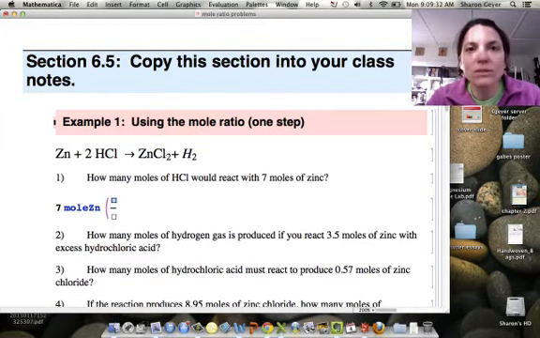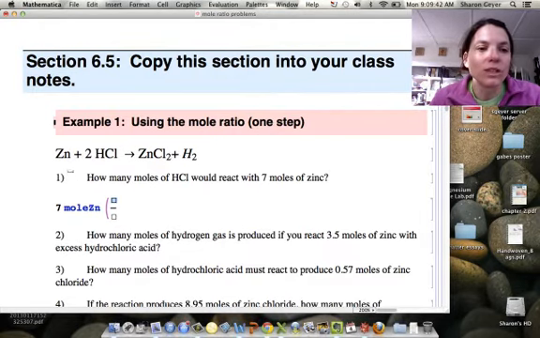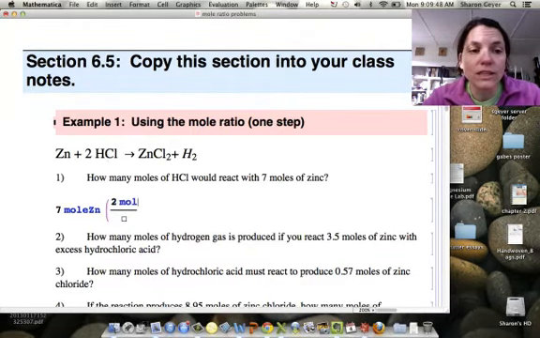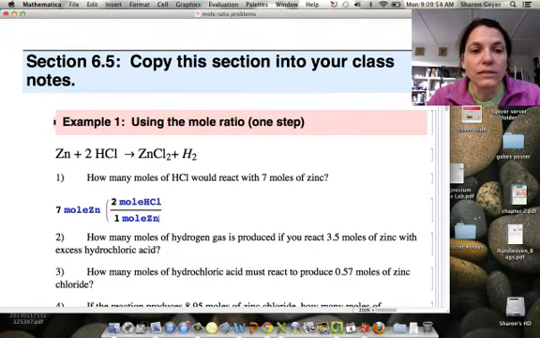Now we're going to use the mole ratio to cancel out moles of zinc and to give us moles of HCl. So if we look at the balanced equation, we know it's 1 mole of zinc to every 2 moles of HCl. So the 2 moles of HCl go on top, and 1 mole of Zn goes on the bottom.